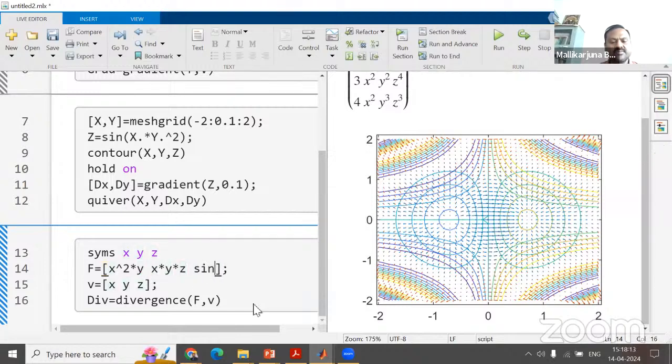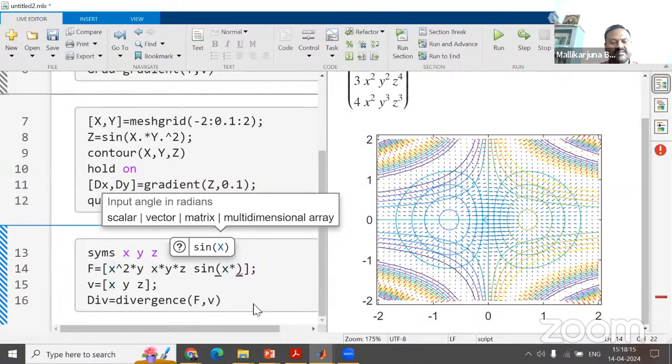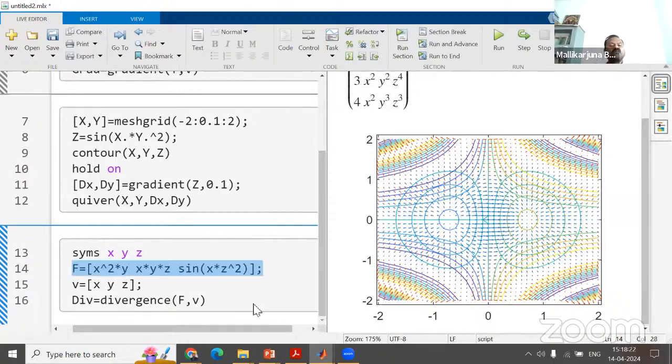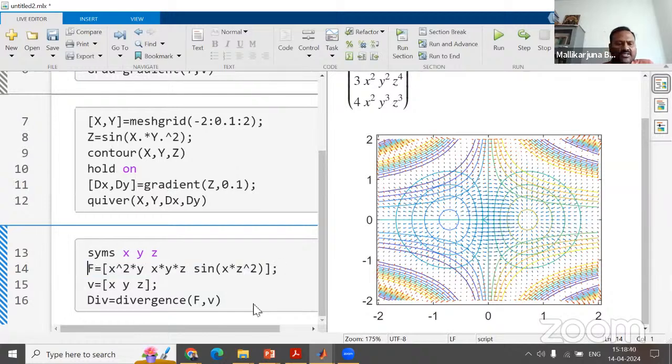The second one is suppose sine x, z square. I'm just defining the function. x square y is the i component of the vector field. xyz is the j component of the vector field. Sine of x z square is the k component of the vector field. So with respect to x, y, z directions, we are finding the divergence of this vector field.